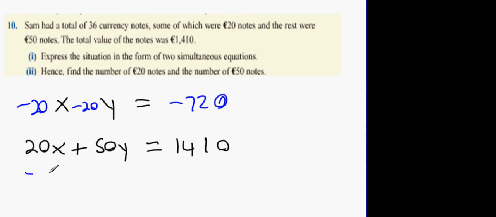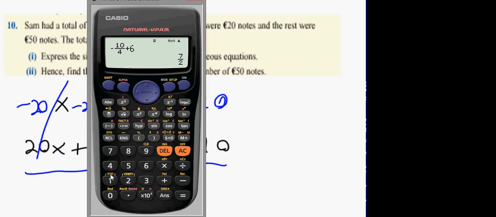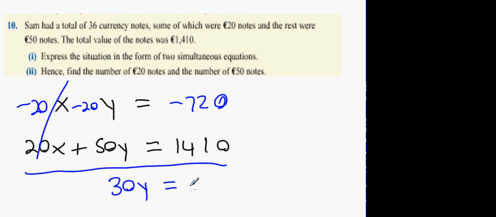Next thing. Cancel. 50y minus 20y, 30y. 1410 minus 720 equals 690. 690.